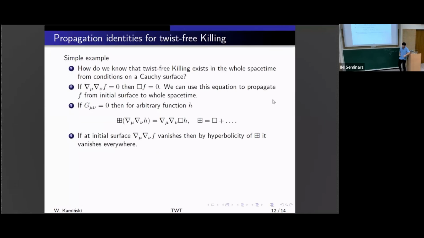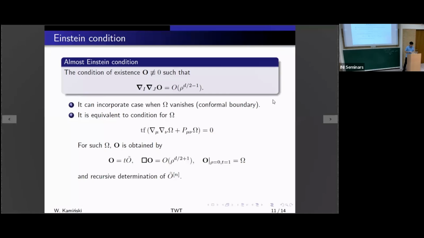Okay, so now what I was telling is that if we can do something in gravity, then we can also do it in this ambient space. So the hope is that we can do it in ambient space. So how to show propagation of the Killing vector? Suppose that you have initial data in GR, and you know that this initial data has a Killing vector.